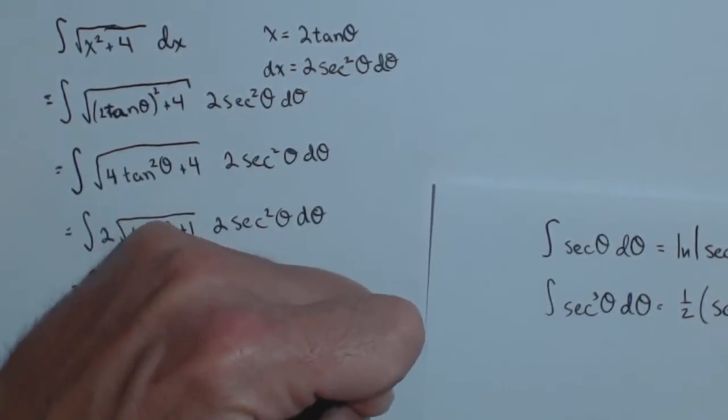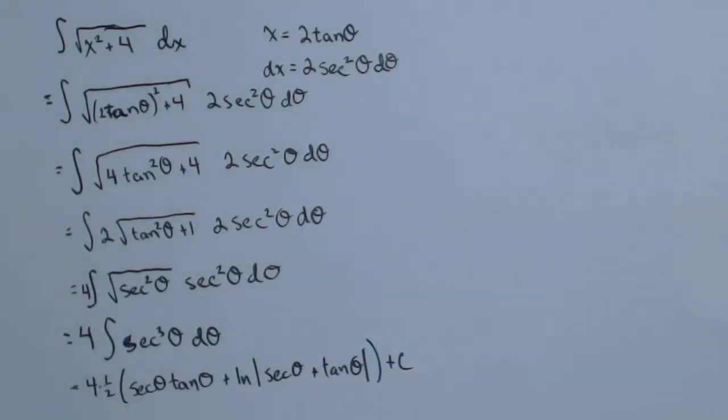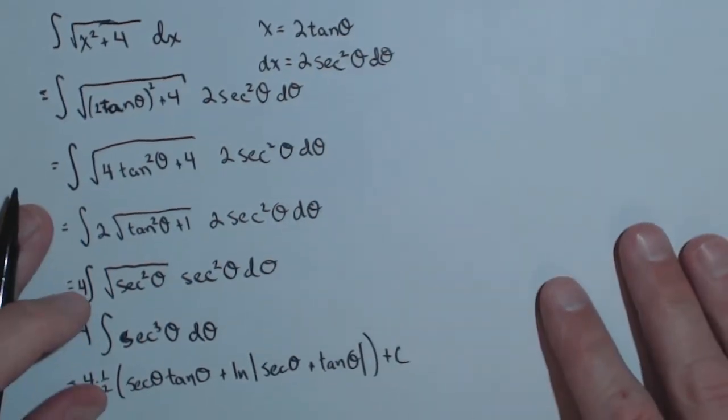And we'll have a plus c here at the end. Now a lot of times, this isn't one you normally would be expected to memorize. It's a neat derivation. A lot of times we'll get this out of a table of integrals. Okay, now we do have some more work to do. The 4 times 1/2 is just going to give us a 2.